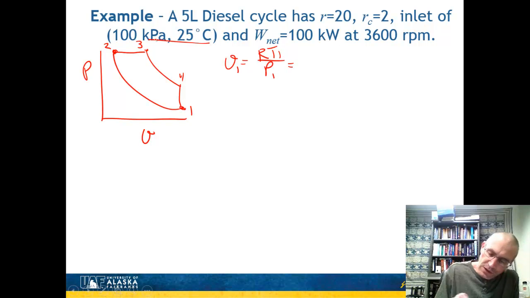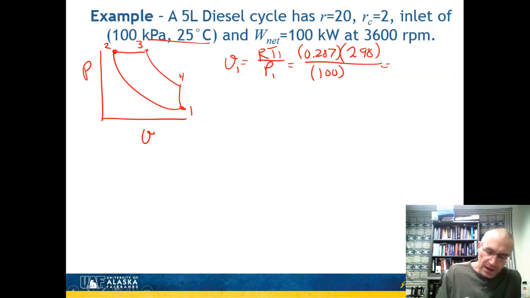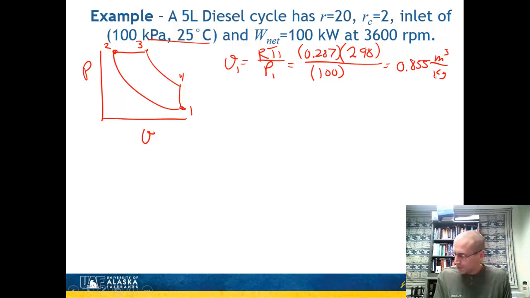I have those initial conditions right there. So let's do that. 0.287. T1 was 298. And divide that by my initial pressure of 100 kilopascals. So my initial volume in there is 0.855, and that's meters cubed per kilogram.